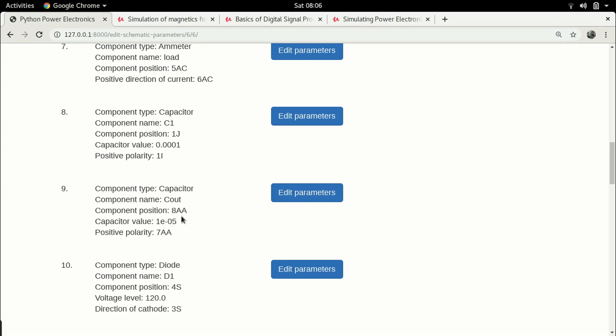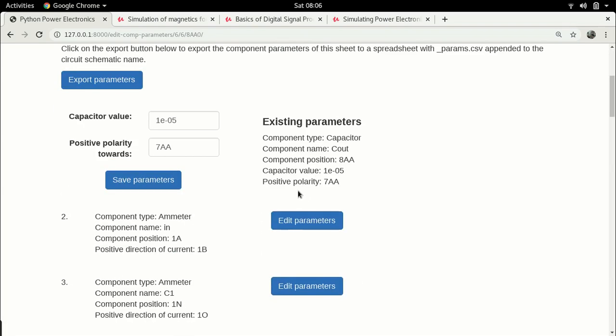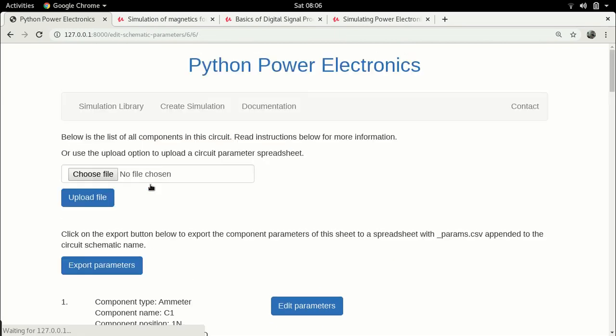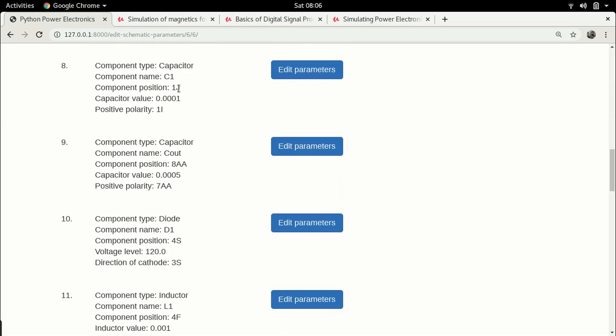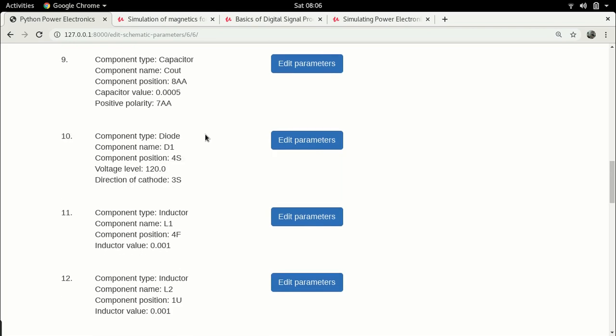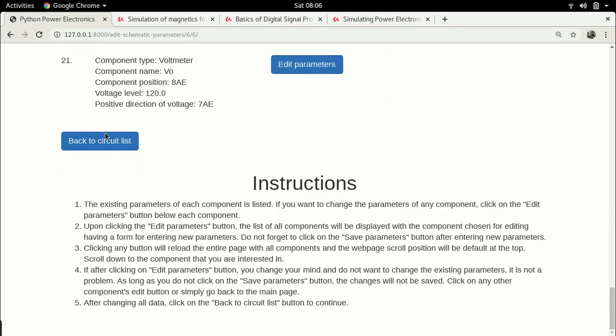So, for example, the output capacitor is very small, right? Let's increase this. Let me increase the output capacitor to be 500 microfarad, and the input or decoupling capacitor is 100 microfarad. So, with this, let's go and run the simulation.